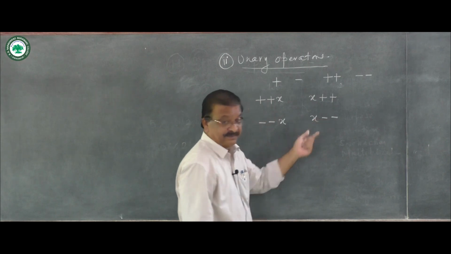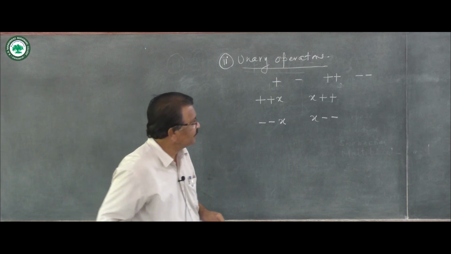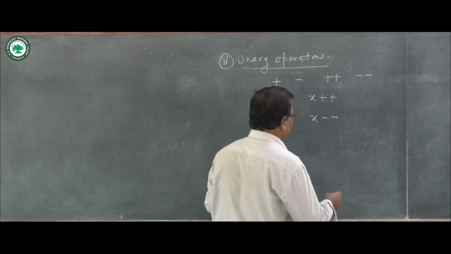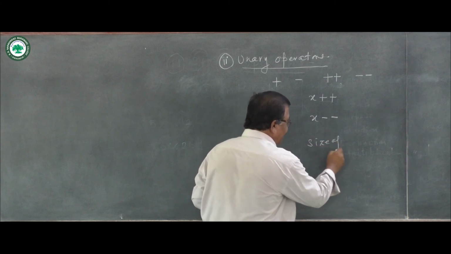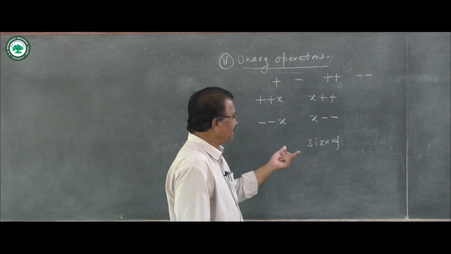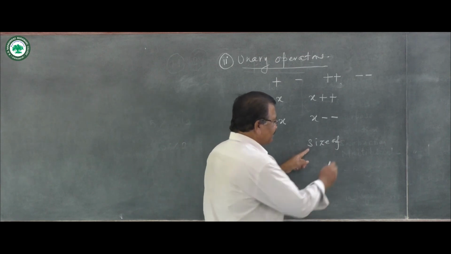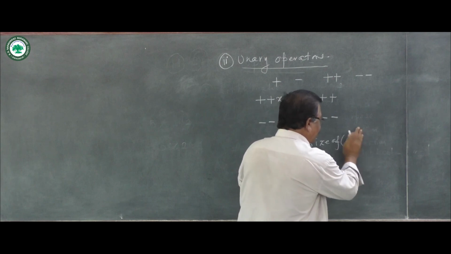Then one more unary operator is the sizeof operator, which returns the size of an operand in bytes. The way it is used is sizeof, say, the operand is the integer value 2.